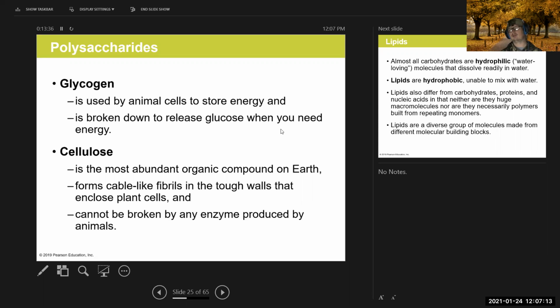And even then, it really doesn't break it down efficiently. They still lose a lot of those carbohydrates in the defecation process.